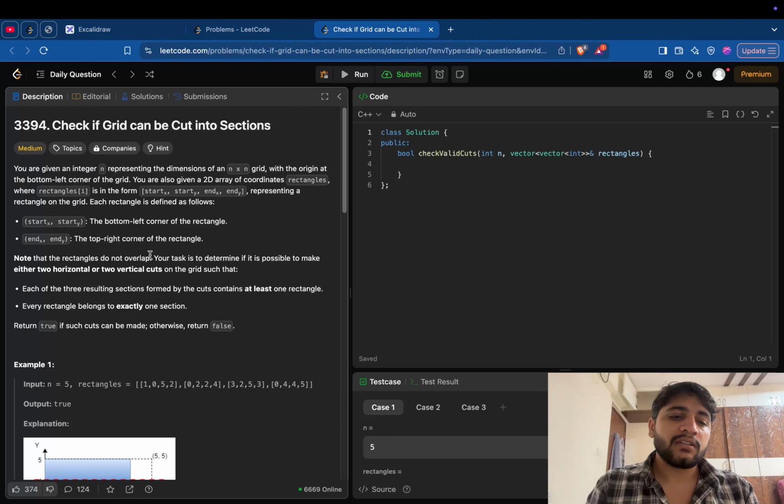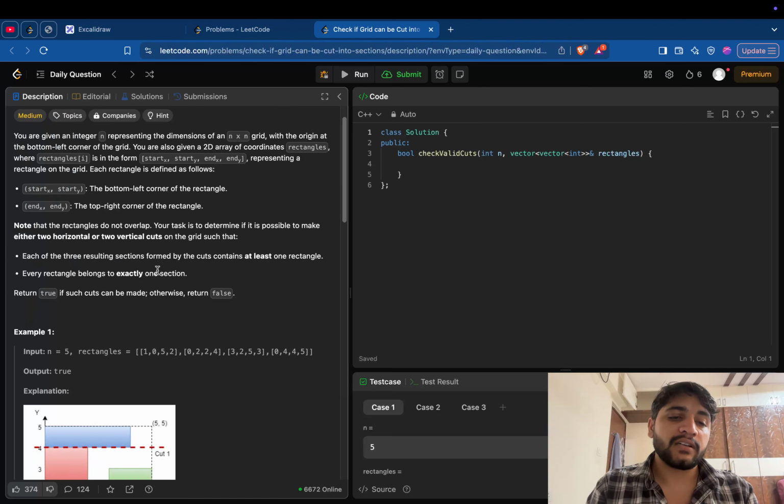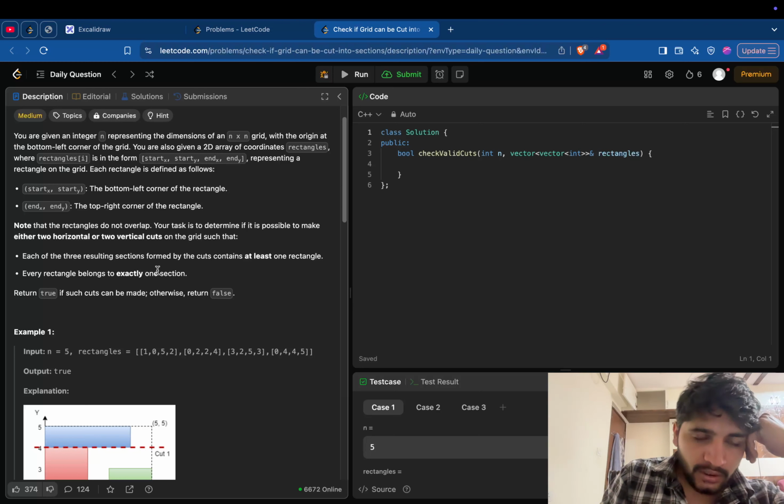Note that no two rectangles overlap, and your task is to determine if it is possible to make either two horizontal or two vertical cuts on the grid such that each of the three resulting sections formed by the cuts contains at least one rectangle, and each rectangle belongs to exactly one section.